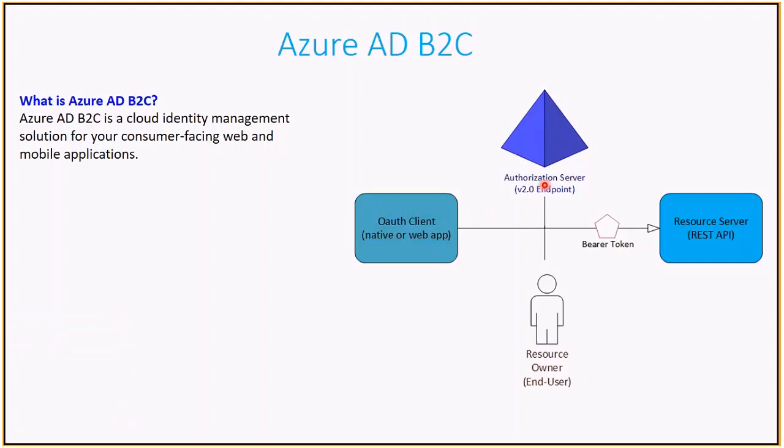This authorization server would be a single identity provider kind, or a broker kind, which knows what Facebook is, what Google is, and what LinkedIn or others are. If any new social identity providers come, they would get updated, and that would be integrated with the Azure Active Directory.